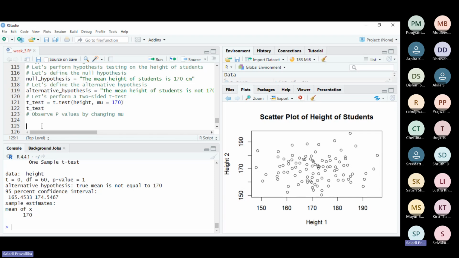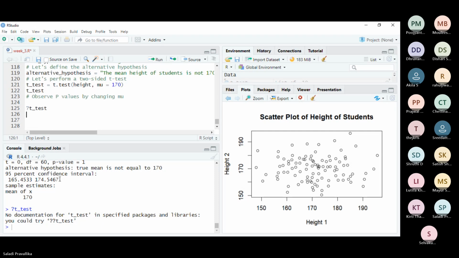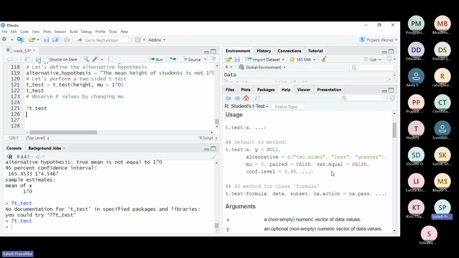There is something called a one-sided test and a two-sided test. So you have to give these values here. If I say two-sided, then you can understand it by the graph itself, which is there in the slide.